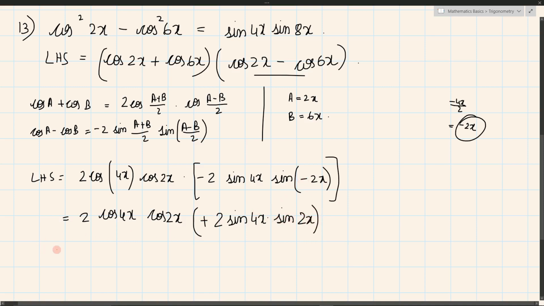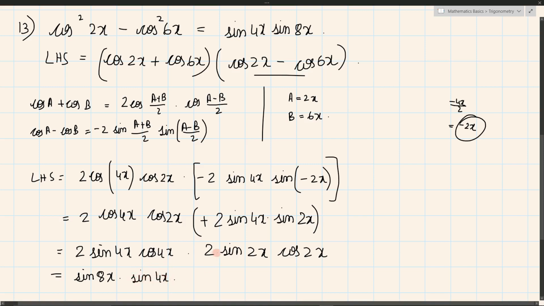So this will be nothing but 2 into 2, so we can write this as 2 sine 4x cos 4x multiplied by 2 sine 2x cos 2x. So this is nothing but sine 8x into sine 4x.